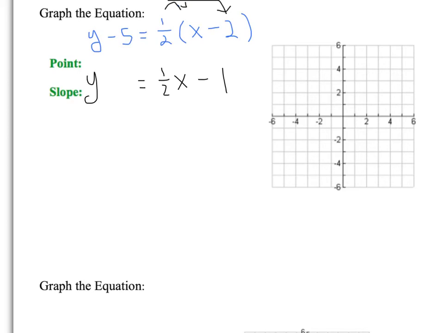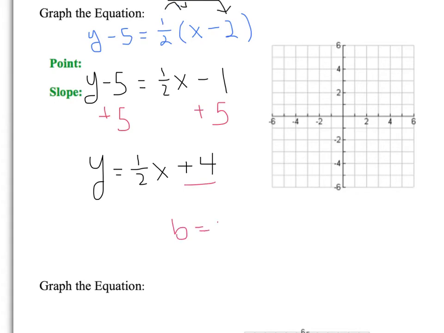And then I just have y minus 5 on the left side. To write it in y equals mx plus b form, I'm going to add the 5 to both sides. And now I have y equals 1/2 x plus 4. I know from this equation that my y-intercept is 4 and that my slope is 1/2.